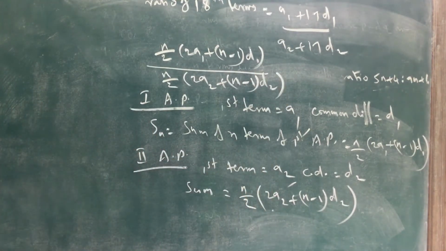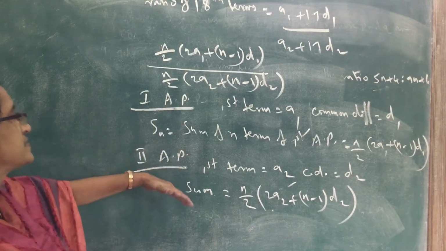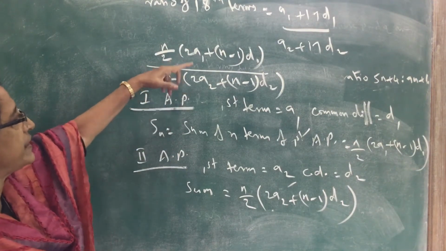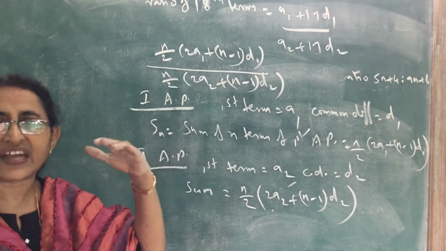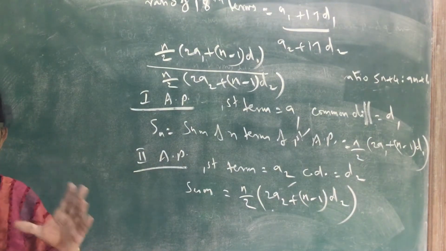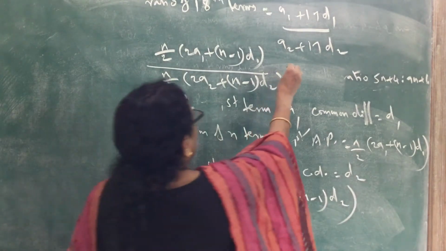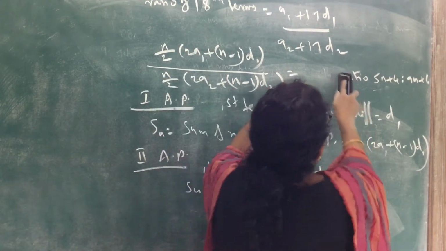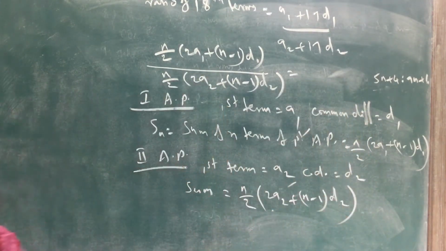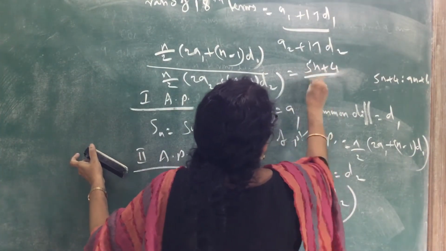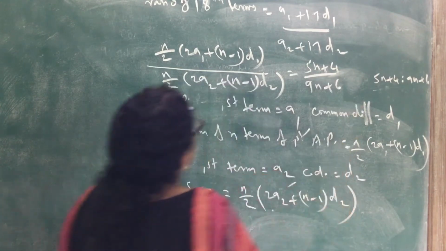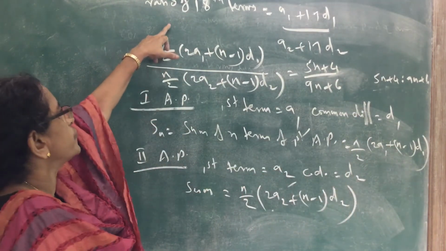This is the ratio of the sums of n terms of the two APs, and that ratio is given as 5n plus 4 divided by 9n plus 6. This ratio is given, and we want to find the other ratio.